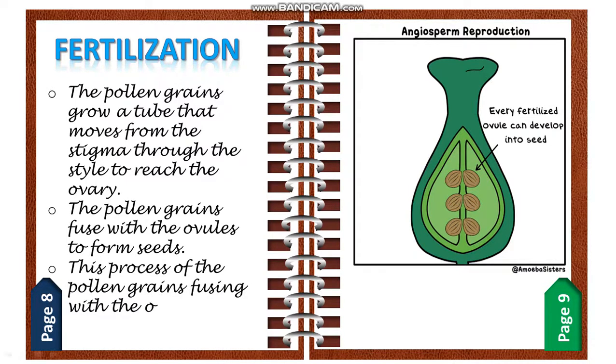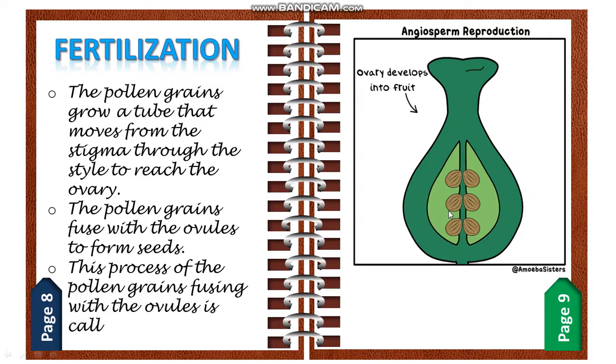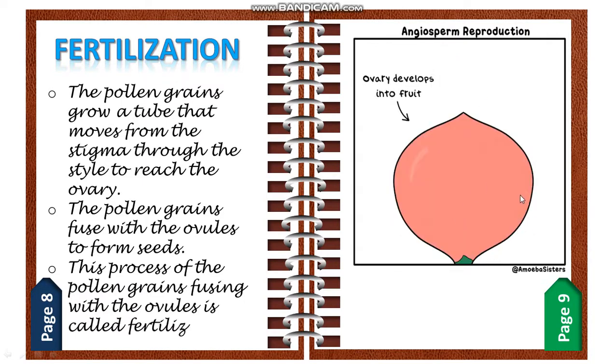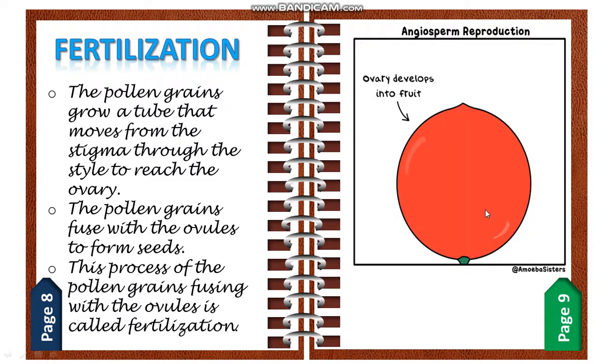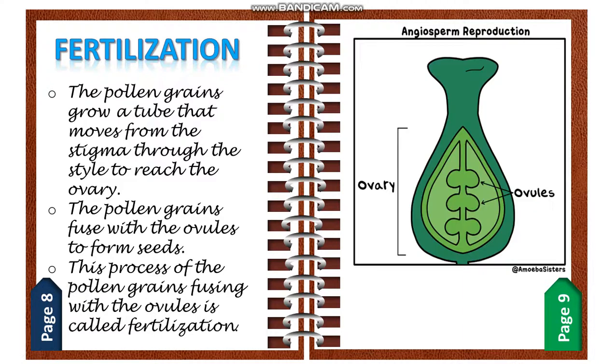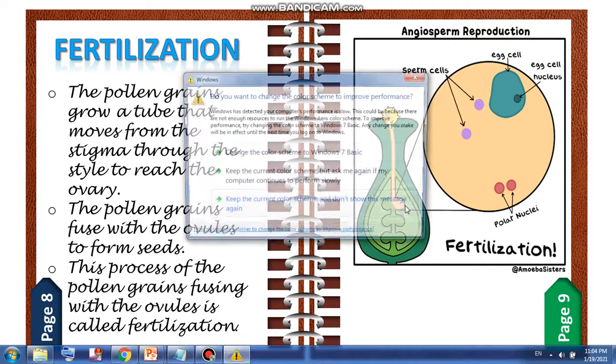Now here, please see this picture. Here, a pollen grain comes from outside, this is the small pollen, it comes to the stigma, this is known as pollination, and then the pollen grains are transferred to the ovary through the style.